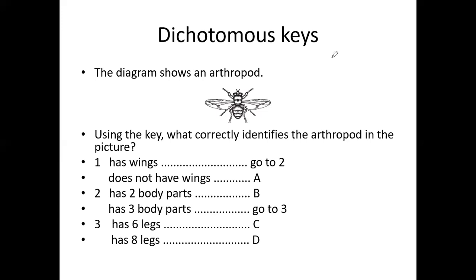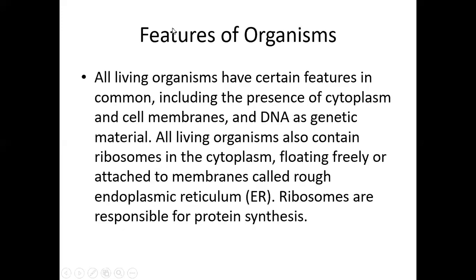Now I would like to move towards the next slide, in which we will discuss the different features of the organisms. All living organisms share certain features in common. For example, as already discussed in chapter 1, these include the presence of cytoplasm. All organisms have cytoplasm, cell membrane, and DNA as genetic material.